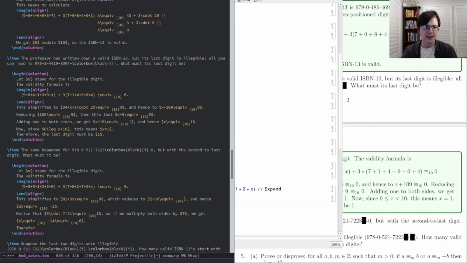Therefore, since 0 is less than or equal to x is less than 10, this means x equals 6, because it's a residue. Therefore, the penultimate digit must be a 6.